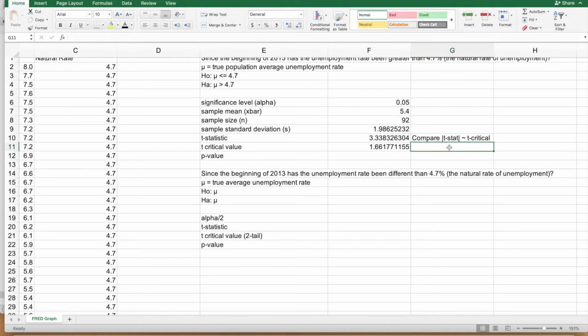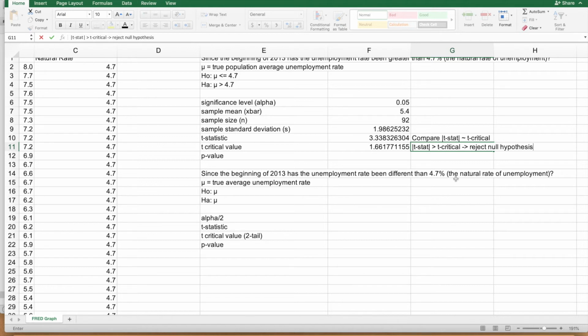Okay? Here we have the absolute value of our t-stat. Where's that? That's 3.34. We don't have to flip it to positive, right? Because it's already positive. That is greater than t critical in this example. That means we should reject the null hypothesis.